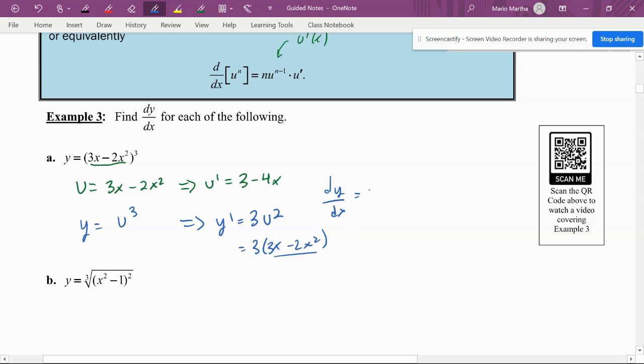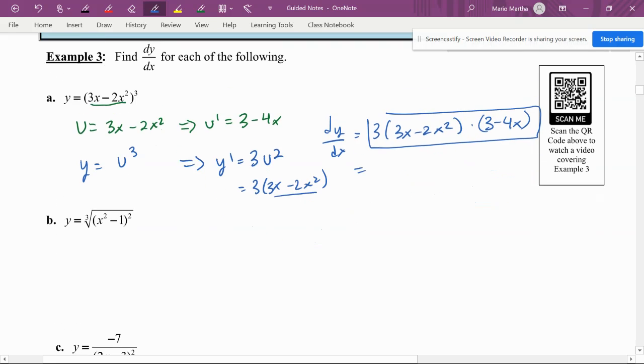That's just the internal function. So this is going to be 3 times 3x minus 2x squared, squared, times the derivative of the internal function, which is 3 minus 4x. And again, simplify one more time, right? Or actually, you can just leave it right there. You don't have to distribute that 3, and that's pretty much going to get you to your answer, right?